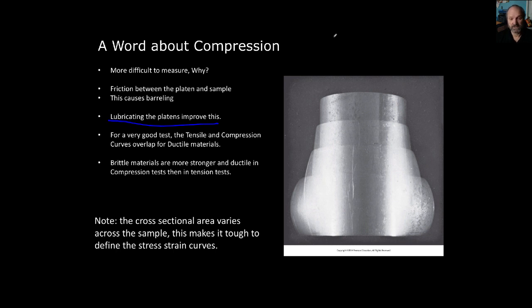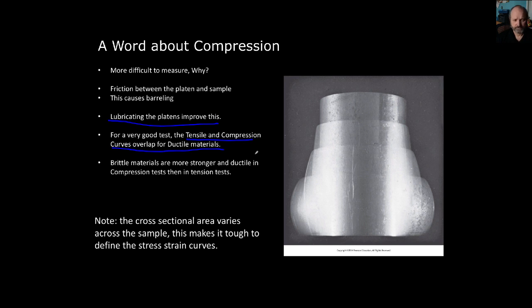These tests are usually harder to do, and it's only done if the design you're working on requires really understanding the compressive forces and what they do to the material. All right, so if you have a good test, the tensile and compression curves are going to overlap for ductile materials, like typical metals. Brittle materials, brittle metals, not so much.